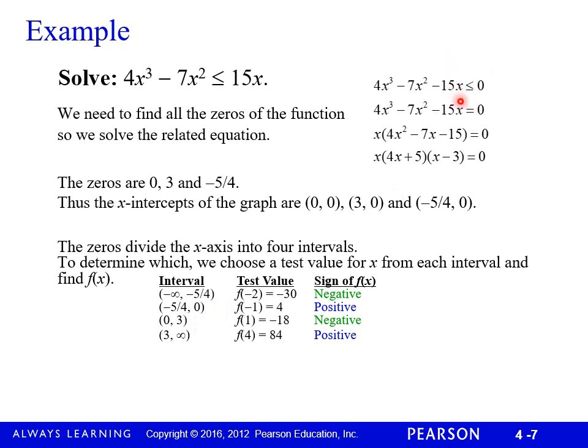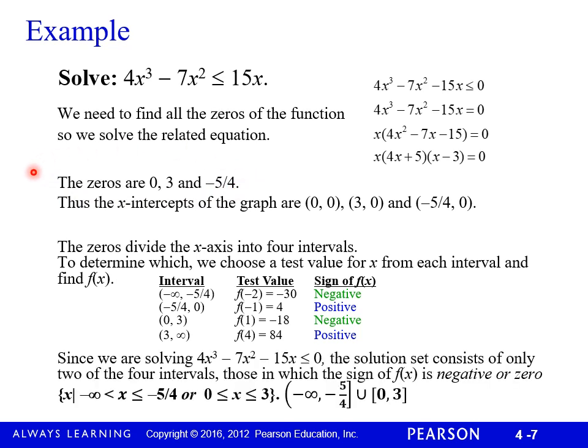Now remember that when the symbol is less than or equal to, we have to include the 0 values as part of the answer, because it's not just asking where it's negative, but also where it equals 0, and we know the function equals zero here. So when we're documenting the solution in interval notation, we need to use square brackets for all of these answers.